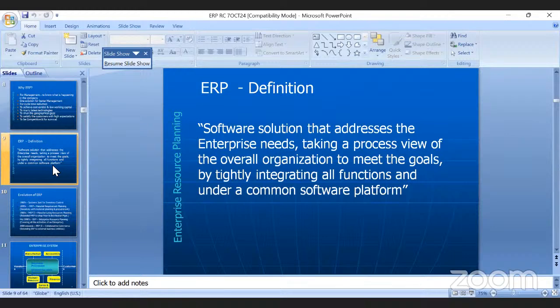Likewise, in HR, you may have payroll, personnel planning, career development, employee benefits, salary, compensation, work plan, performance management. You should know the process, and the process should be strong. Then you can integrate all the functions under a common software platform.